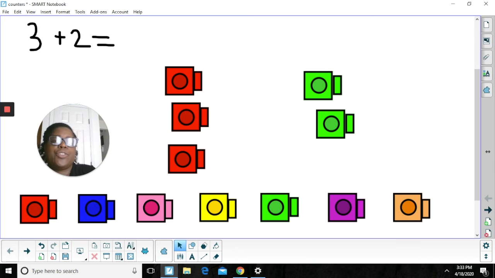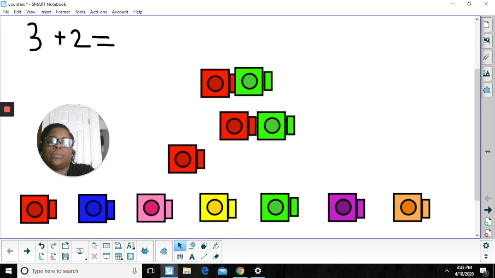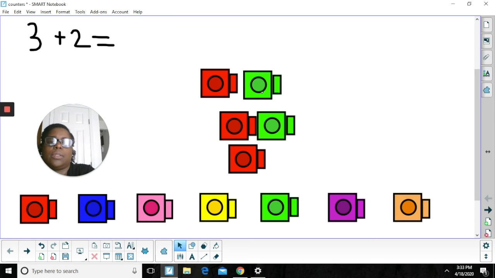And when you put them together, you just move them together, just like this. See how I'm moving them together? And now let's count them all together. 1, 2, 3, 4, 5. When I say push the items together, that's what I mean, okay? And let's write 5 here.